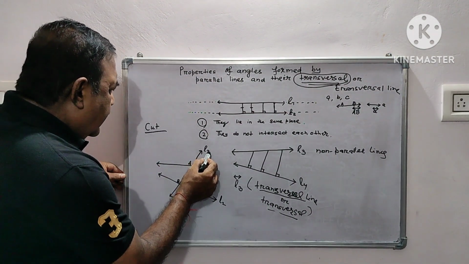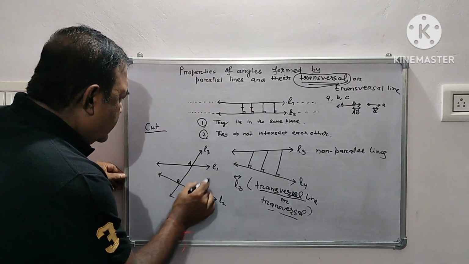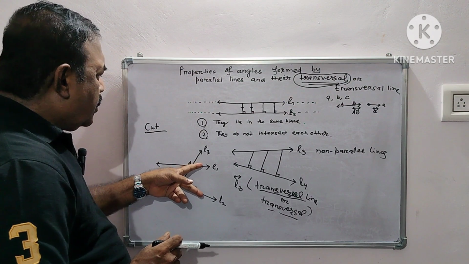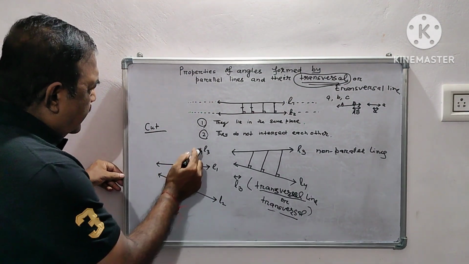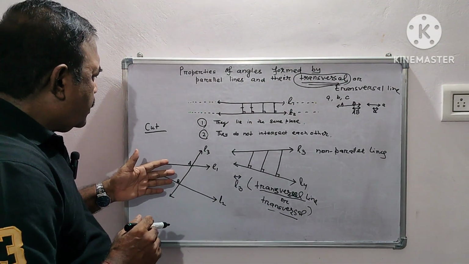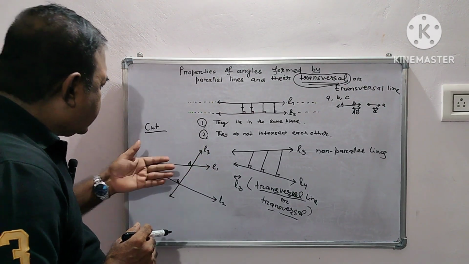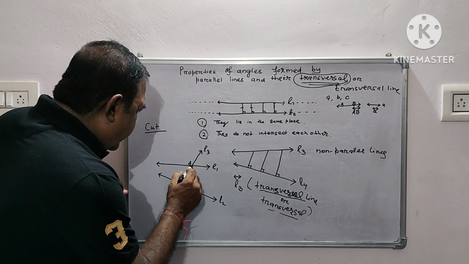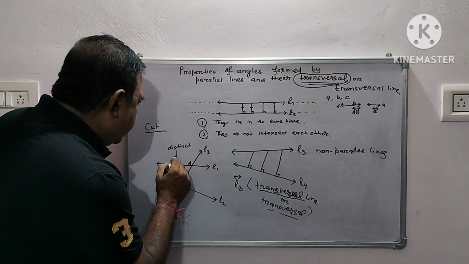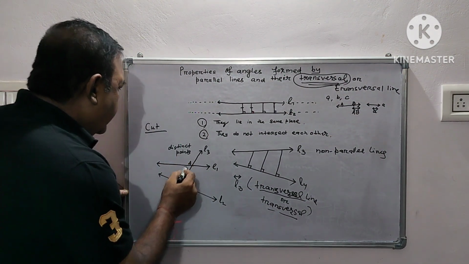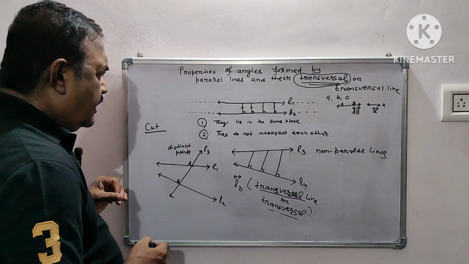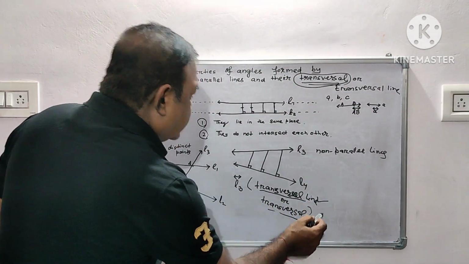And you see, L3 is the line that passes through two lines L1 and L2 in the same plane, at distinct points A and B. So such type of line is called transversal line or transversal.